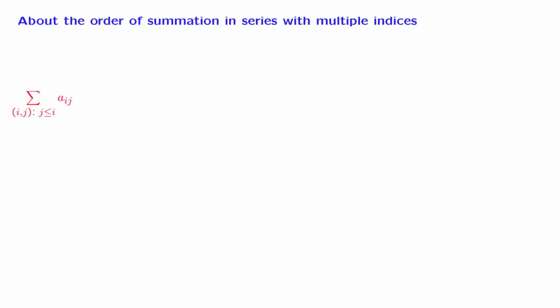Let us now consider the case where we want to add the terms of a double sequence but over a limited range of indices. As in this example, where we have coefficients aij which we want to add, but only for those i's and j's for which j is less than or equal to i.